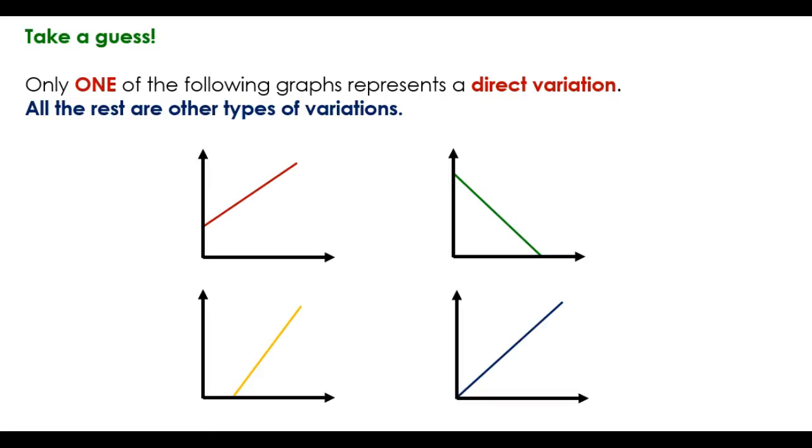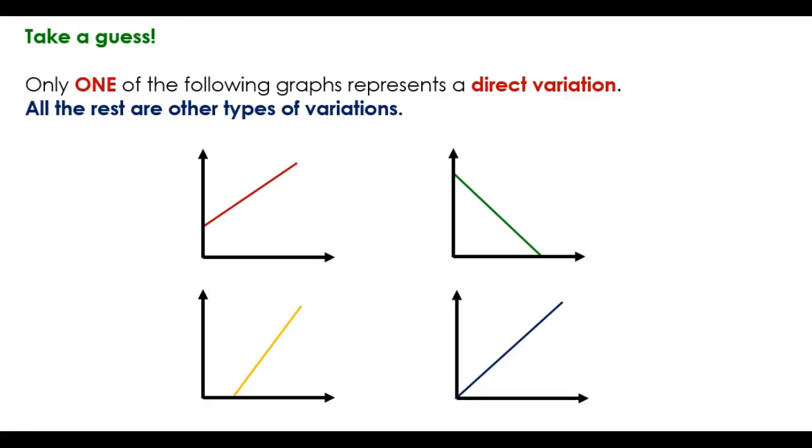All right, so what I want you to do right now is take a guess. Only one of these four graphs represents what we call a direct variation, and all the other graphs are different types of variation. So take a guess by looking at the graph. Pause the video, and then I'm going to let you know.